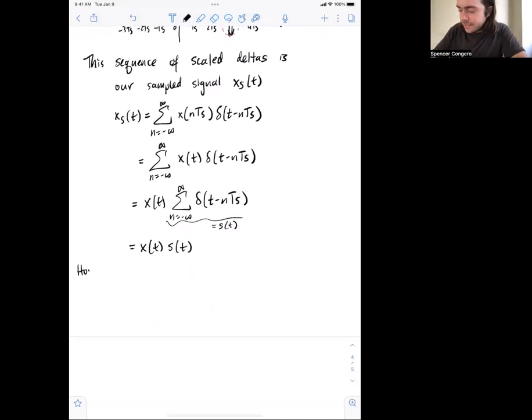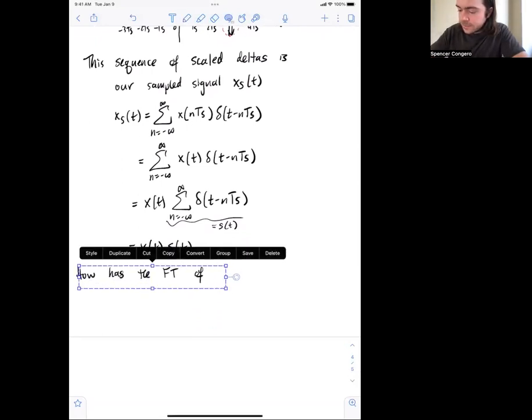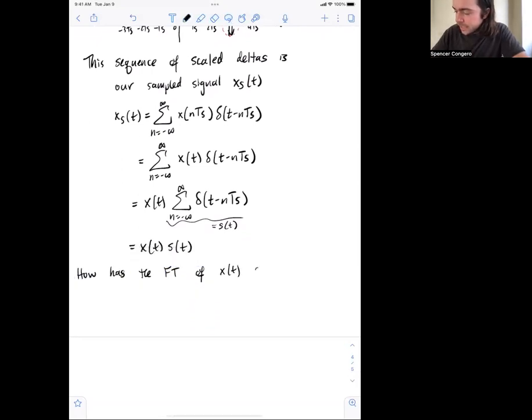But a big question is, how has the Fourier transform of x of t changed after sampling?